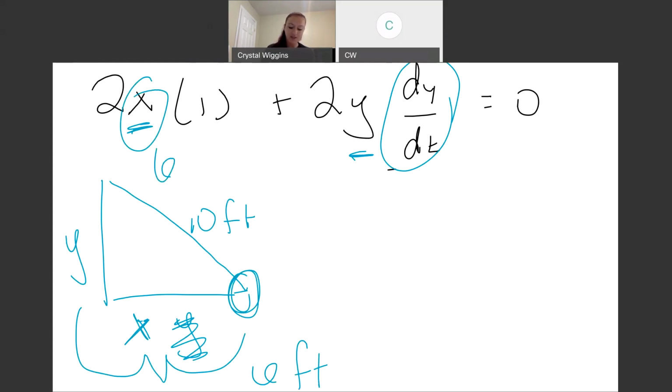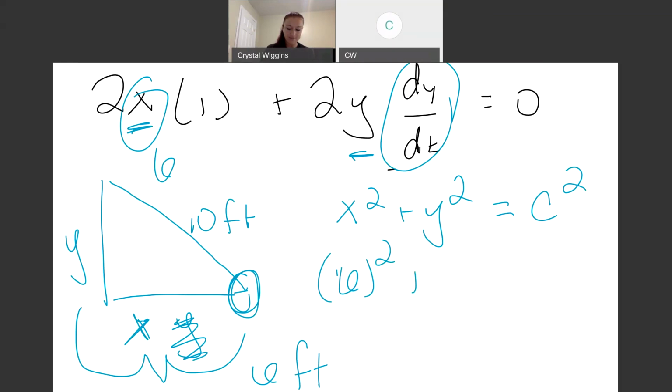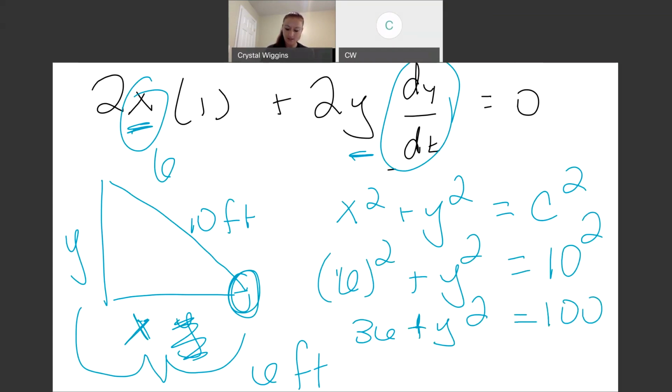So if I use the Pythagorean theorem, x squared plus y squared is equal to c squared, I can solve for y. So when x is 6, I need to know what y is. So we have 36 plus y squared is equal to 100. Subtract 36 on both sides.